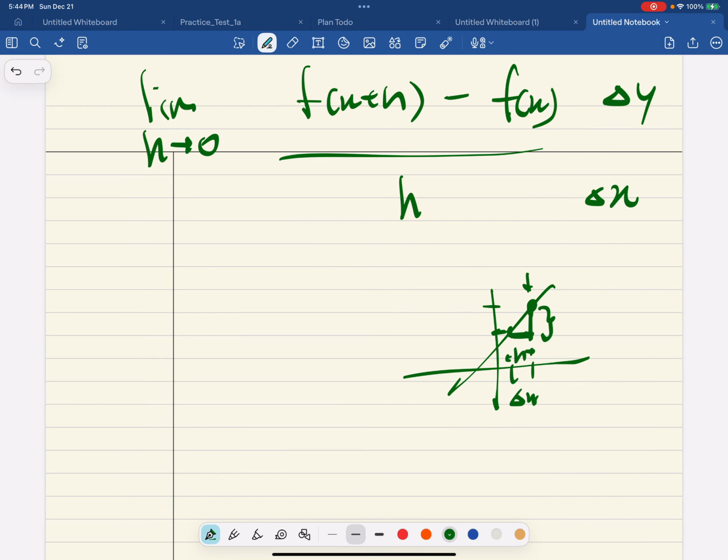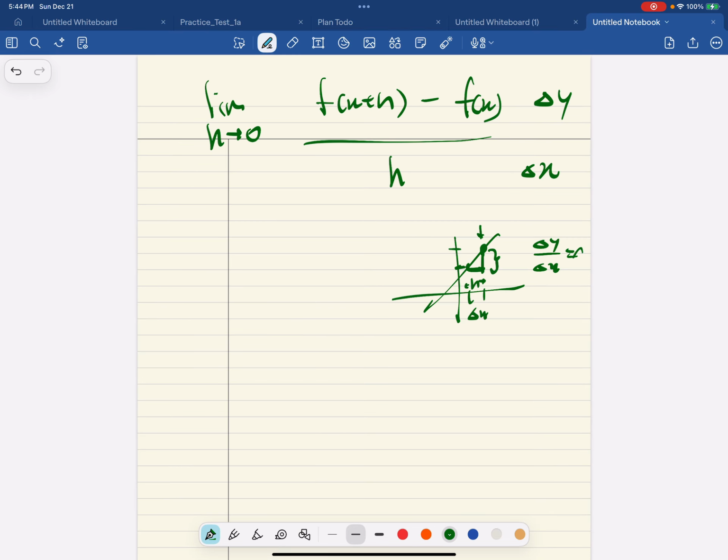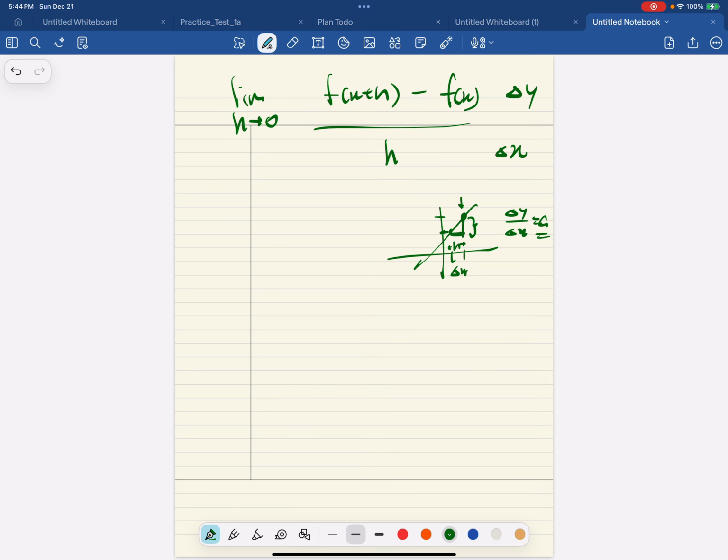The independent value is just x. So delta y divided by delta x will give the instantaneous slope. Knowing all that, you can find the instantaneous slope of any function using limits, the definition of derivative.